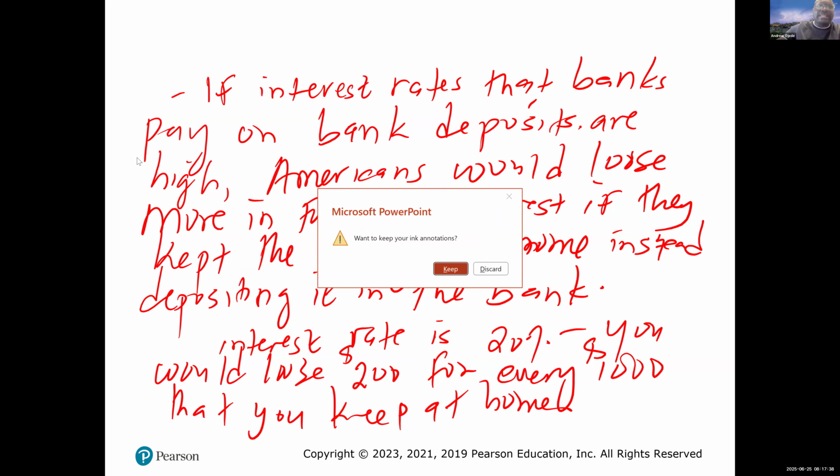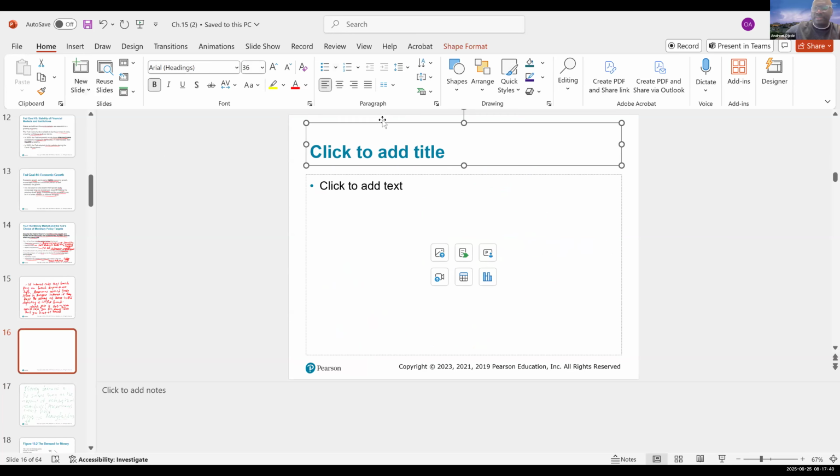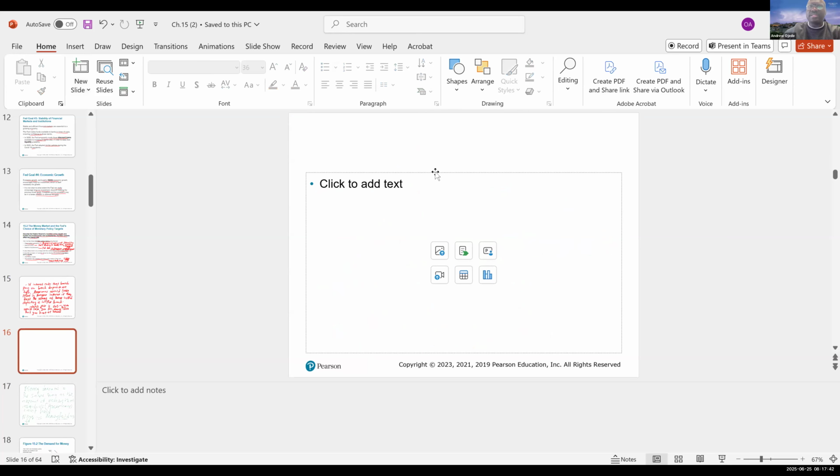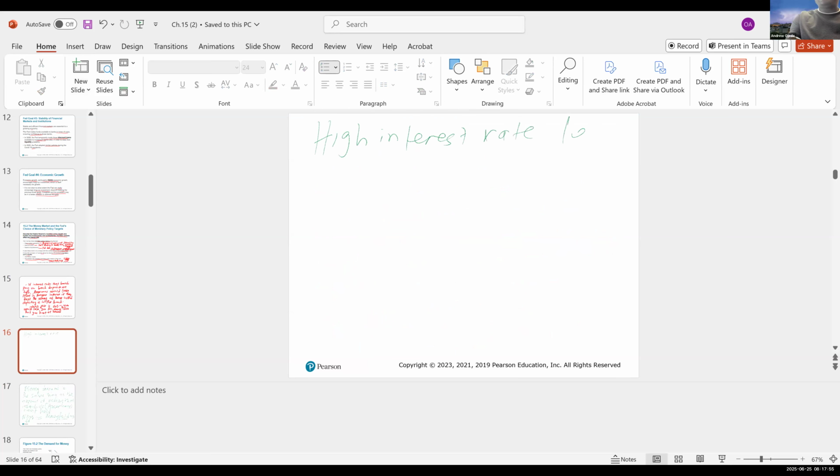So Americans are going to hold less money. When interest rates are high, we are going to hold less money. So a high interest rate leads to low money demand.